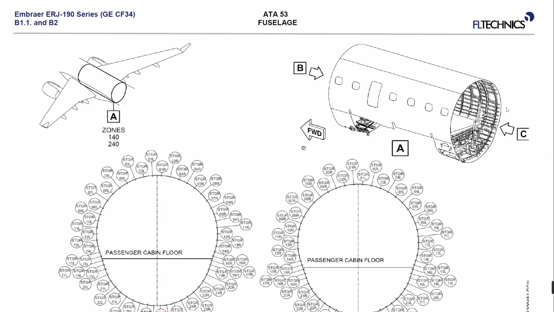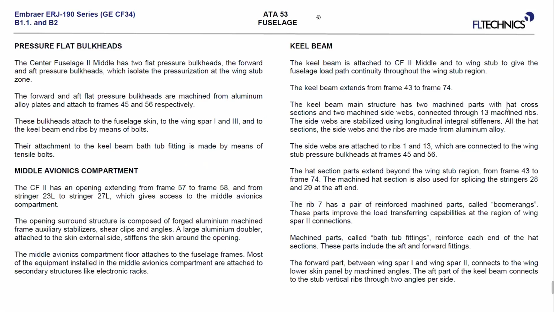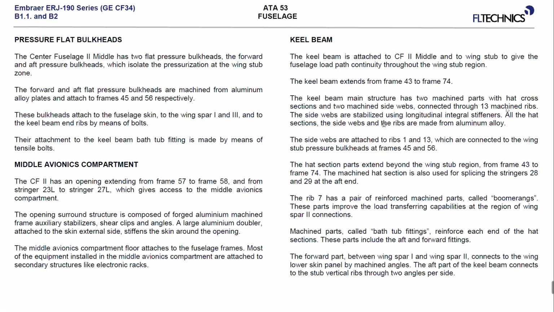Okay, so the Q beam is a very important structural element which is connecting the wing stub and this center fuselage 2 to give this fuselage load path continuity through the wing stub region from frame 43 to frame 74. The main structure has a machined head cross-section and two machined side webs connected through 13 machined ribs.